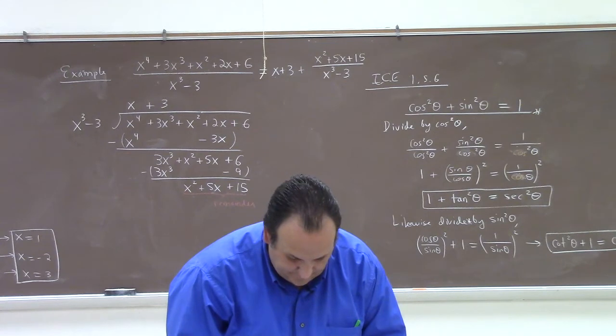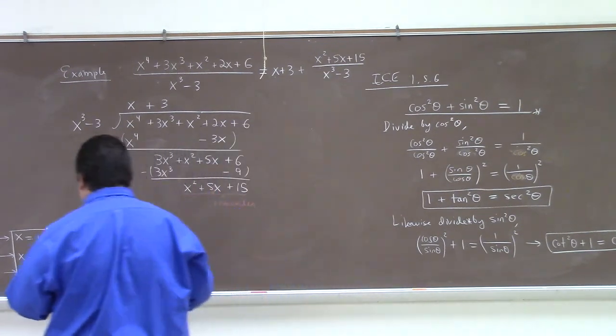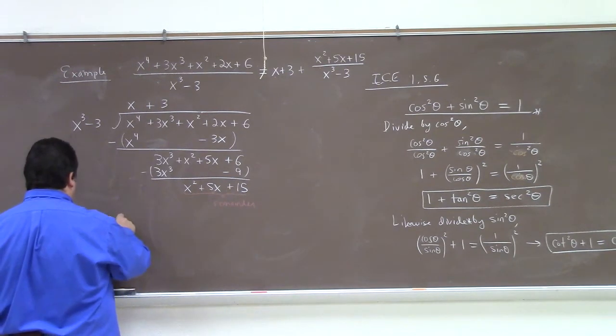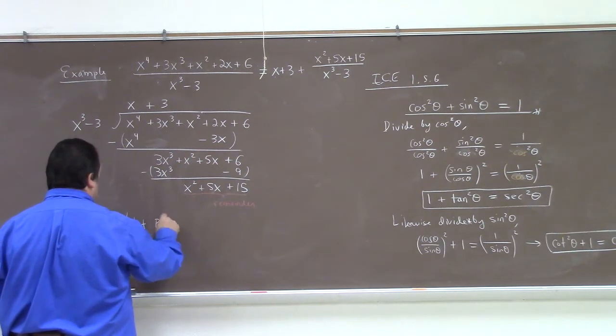Let's see here. Now, there's something called the remainder theorem. Let p of x be a polynomial.